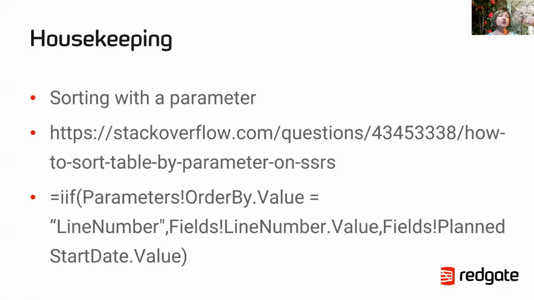So if you have more choices than that, you'll have to use something different, like maybe a switch, or you can also use nested ifs. If line number is true, if it's line number, you can have this value, and then you could put another IIF statement here in the false part. That would work as well.